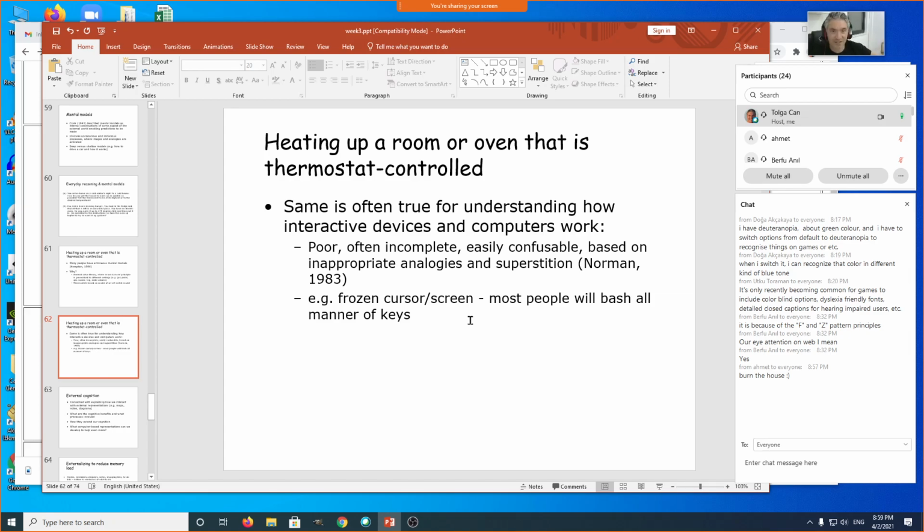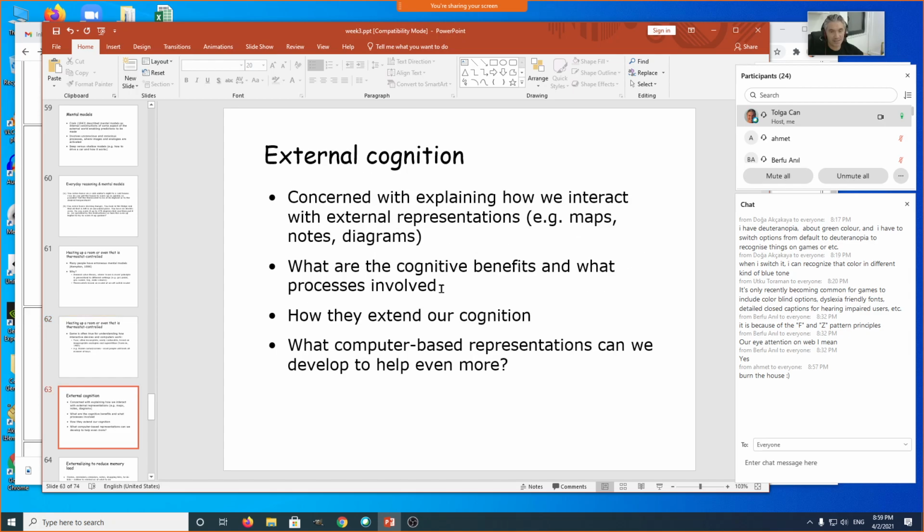If you hit it, it's going to move, right? So this is again application of a different analogy. Hitting your monitor will do nothing to make your computer unfreeze. Or hitting lots of keys to make it unfreeze again. It doesn't. These are again different analogies applied to these settings.